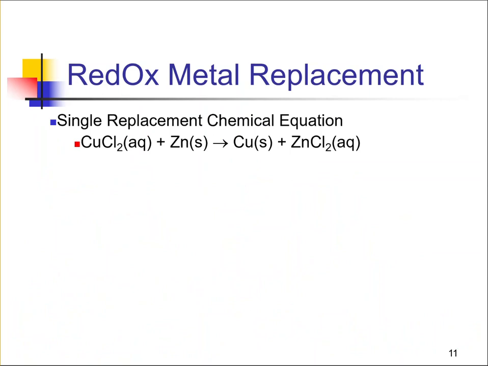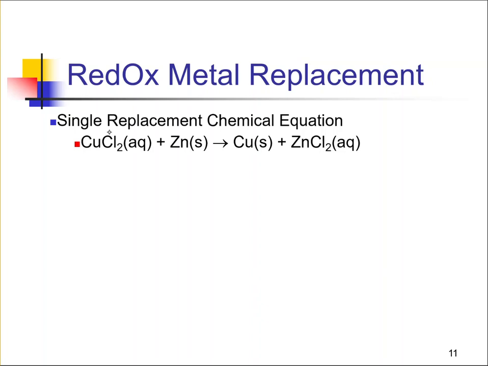So let's look at another redox reaction. This is a single replacement reaction. Here you have the reaction of copper 2 chloride and zinc that gives you copper metal and zinc chloride. So first of all, let's assign the oxidation numbers here.